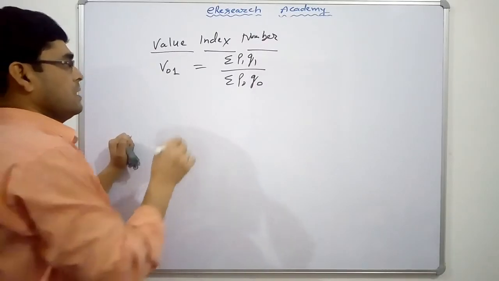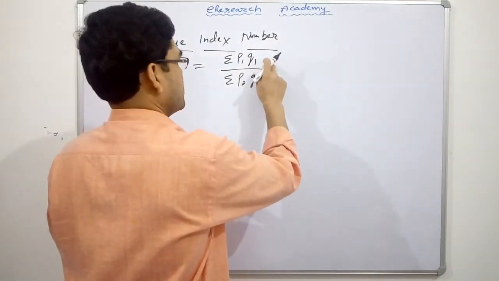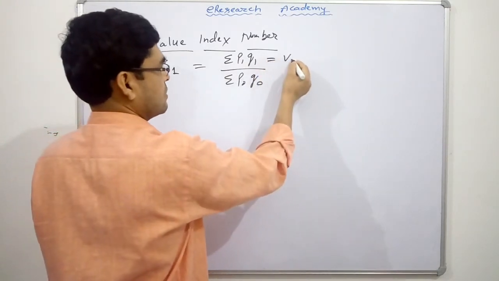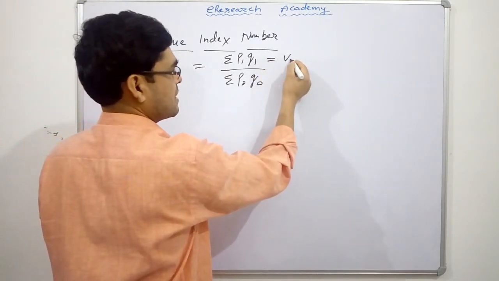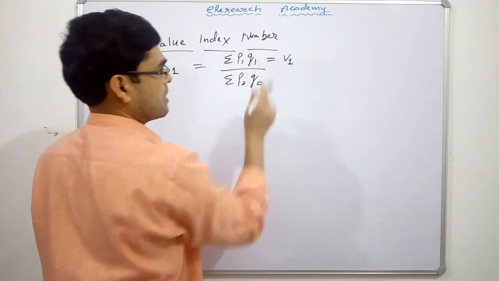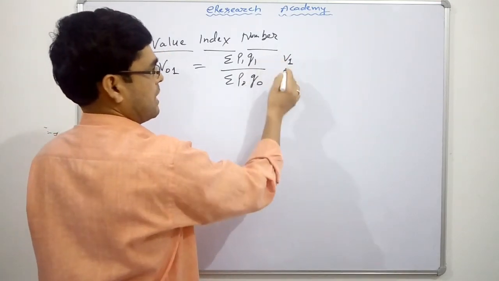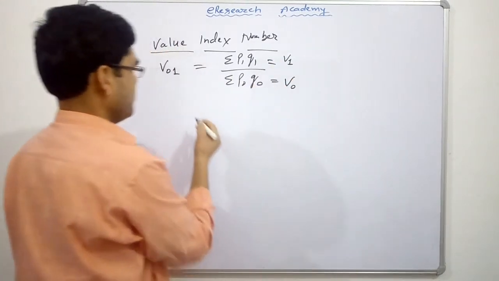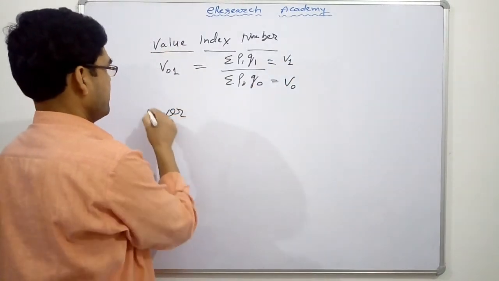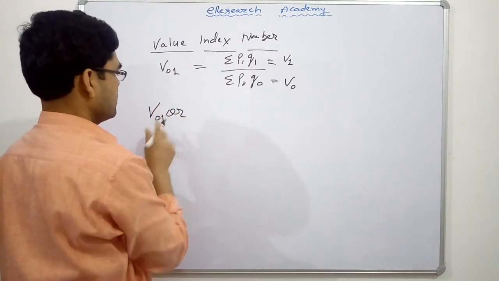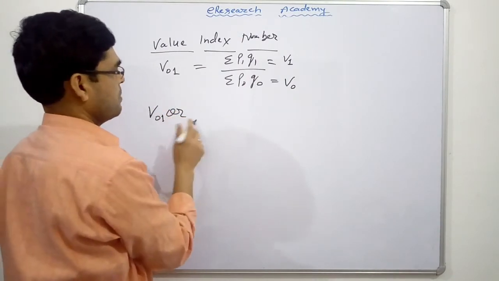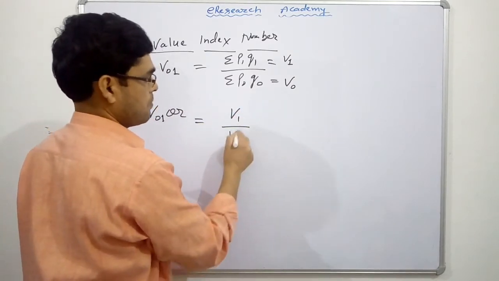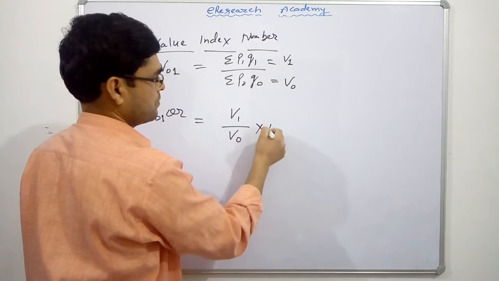Sigma P1 Q1 is the value for the current year, year 1, and sigma P0 Q0 is the value for the base year. So we can alternatively say the value index for year 1 on the basis of year 0, or base year, equals value of year 1 upon value of year 0, into 100.